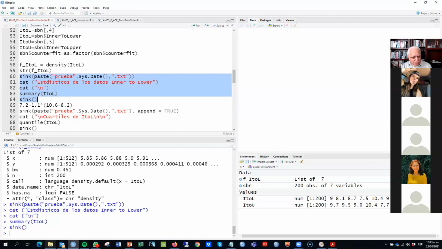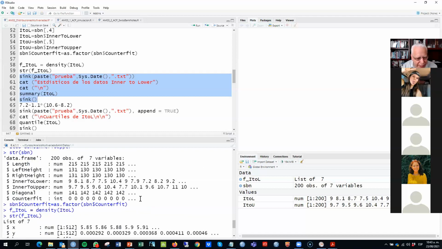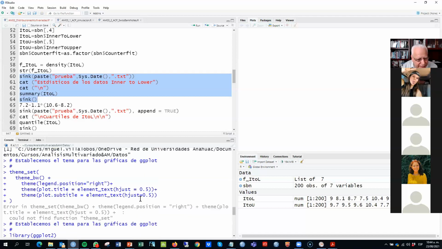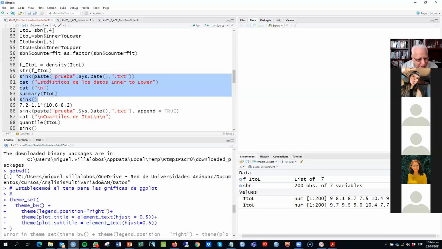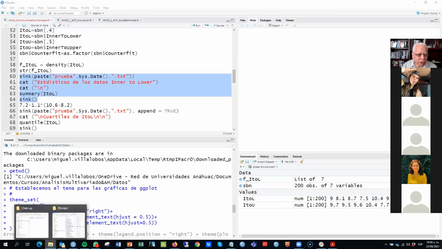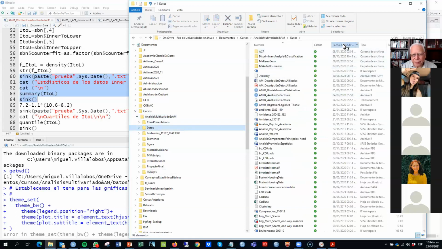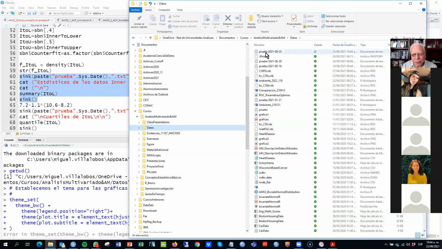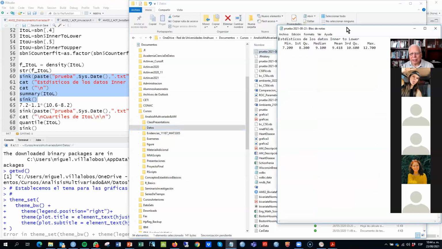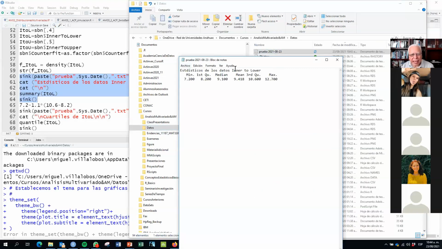And now if I go to my working directory, which in my case was Análisis multivariado and datos, I'm going to go to that directory. And now I have a text file that I called prueba.